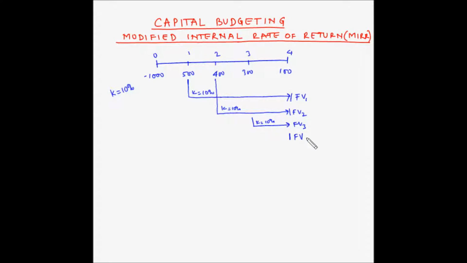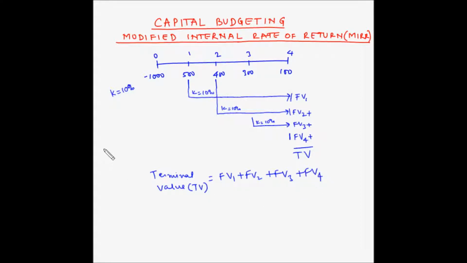So this will be FV4, which will be the same as 100. So the sum of all these, FV1 plus FV2 plus FV3 plus FV4, will be the terminal value. So the terminal value, or TV in short, is equal to FV1 plus FV2 plus FV3 plus FV4.